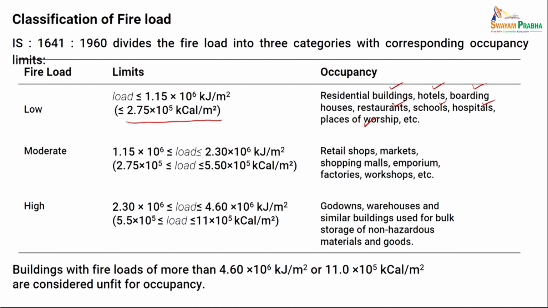Which are coming under moderate? The retail, shops, markets, shopping malls, emporiums, factories, workshops. But try to remember one point: each of the floors you are calculating. If it is a high rise building, it is a residential building, fine. It is a hotel building, fine. But if this hotel is multi-storied, it gets multiplied.